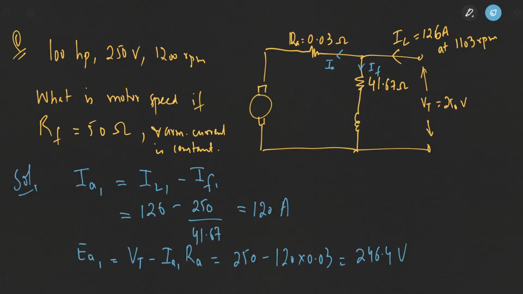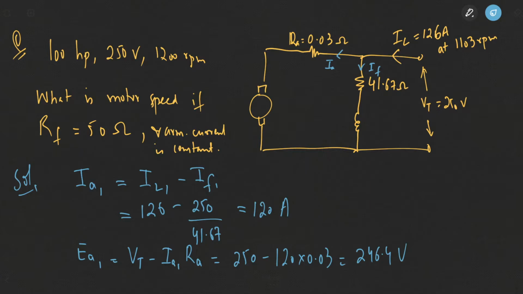Now we are increasing the field resistance from 41.67 ohms to 50 ohms, so naturally we expect the speed to increase, and we want to see the new speed of this motor, assuming the armature current is constant.